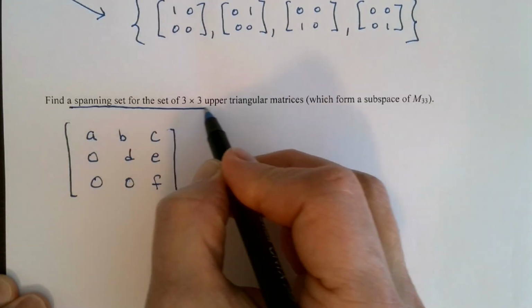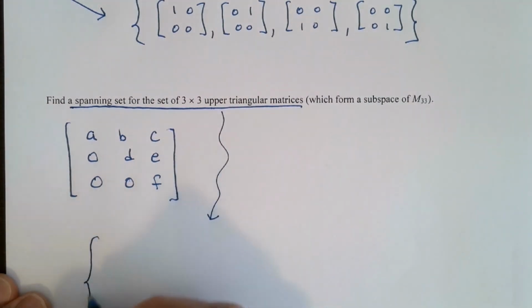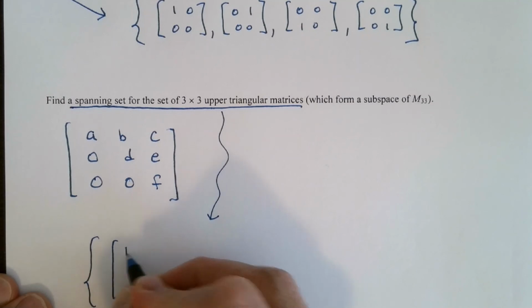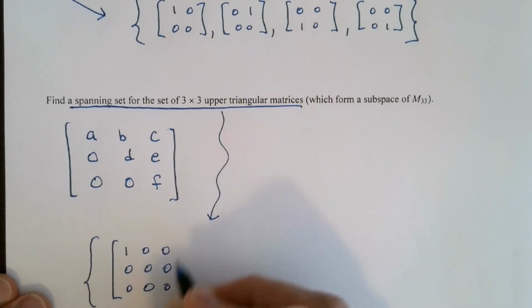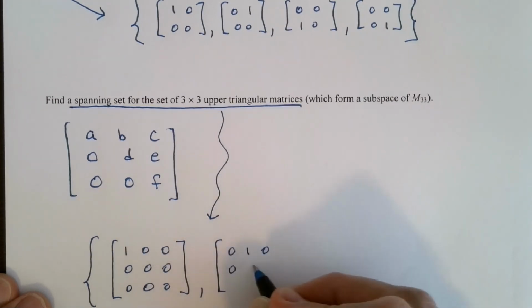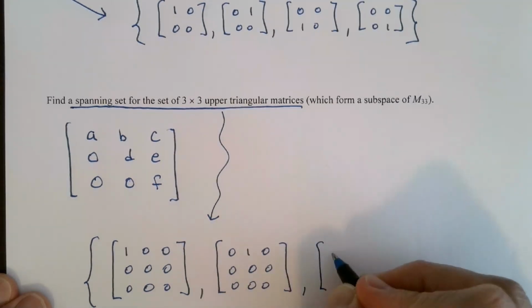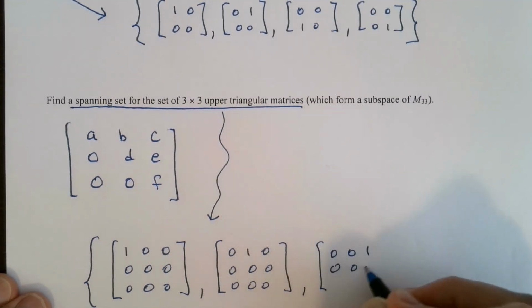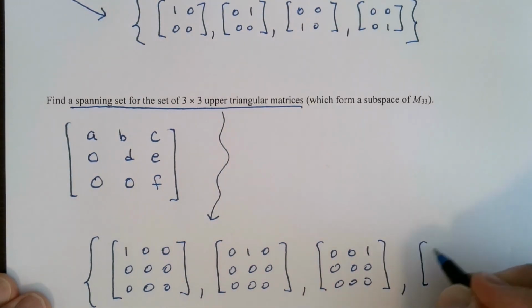So what are they going to be? A spanning set for the set of 3 by 3 upper triangular matrices is going to be this. A times this matrix, plus B times this matrix, plus C times this matrix, plus D. D's right there in the middle, right?